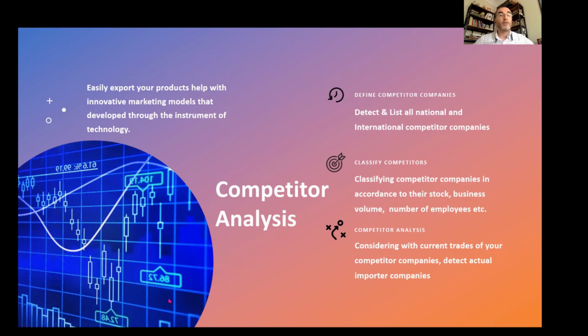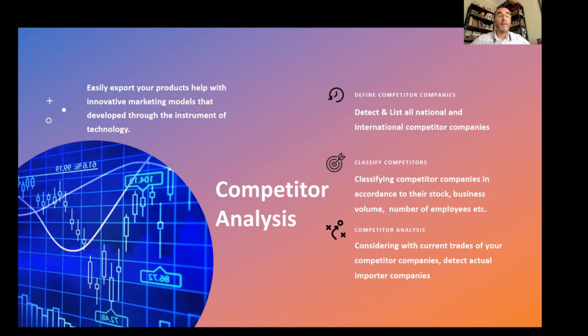But if it's quite similar with our number of employees, if it is similar with our business volume, if they are close to our stock, then we know that their customers can be our potential customers.